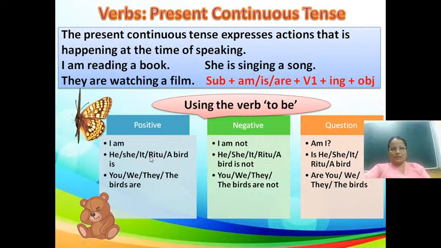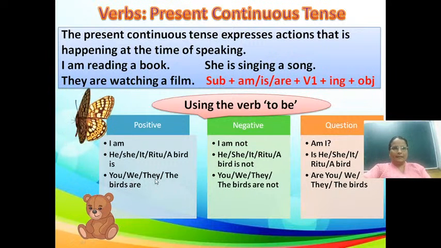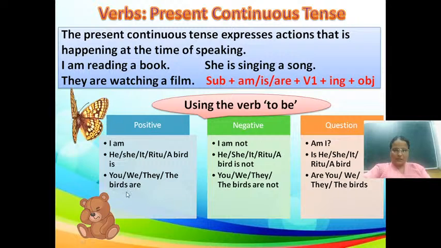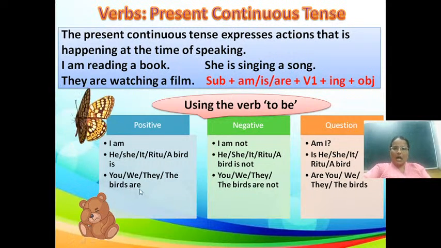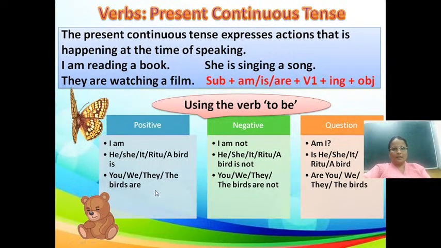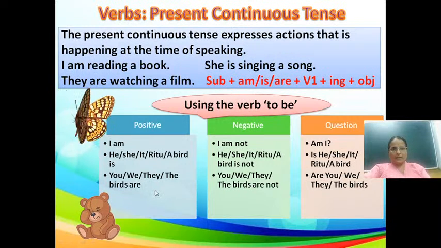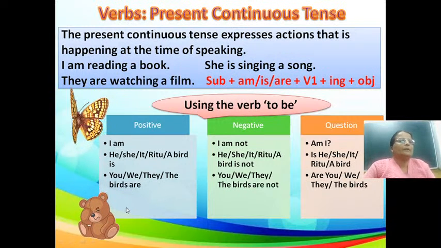With these subjects, we will use is plus ing form of the verb and the object. If the subject is you, we, they, the birds, etc., then we use are plus ing form of the verb and object.